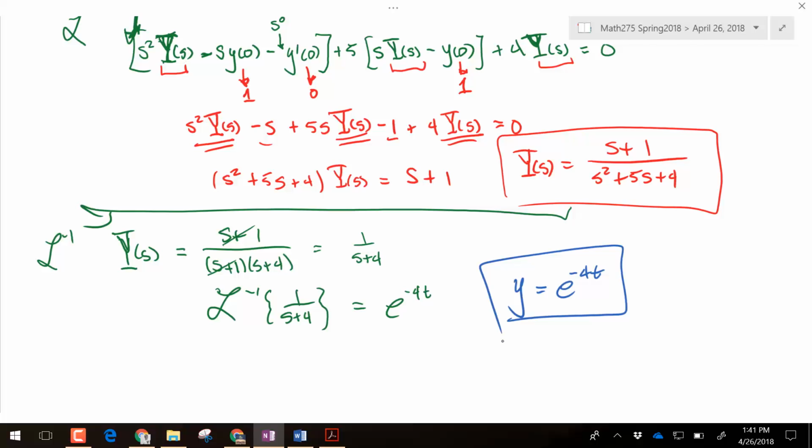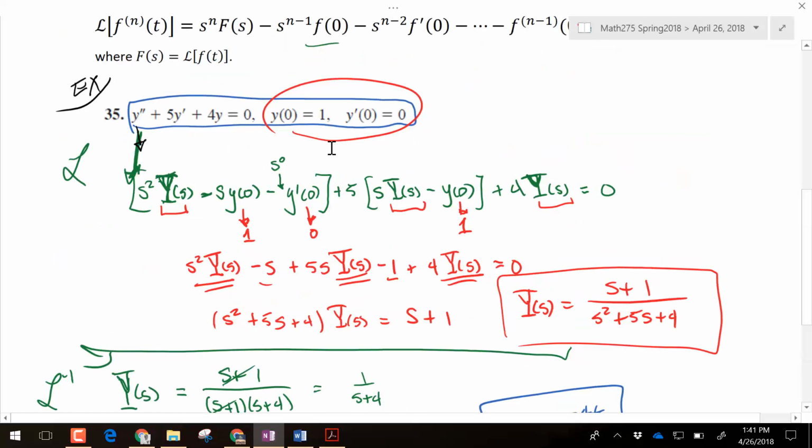Okay, that was kind of fun, wasn't it? I don't know. I hope I got it right. Y of 0 is equal to 1 and y prime of 0 is equal to 0.